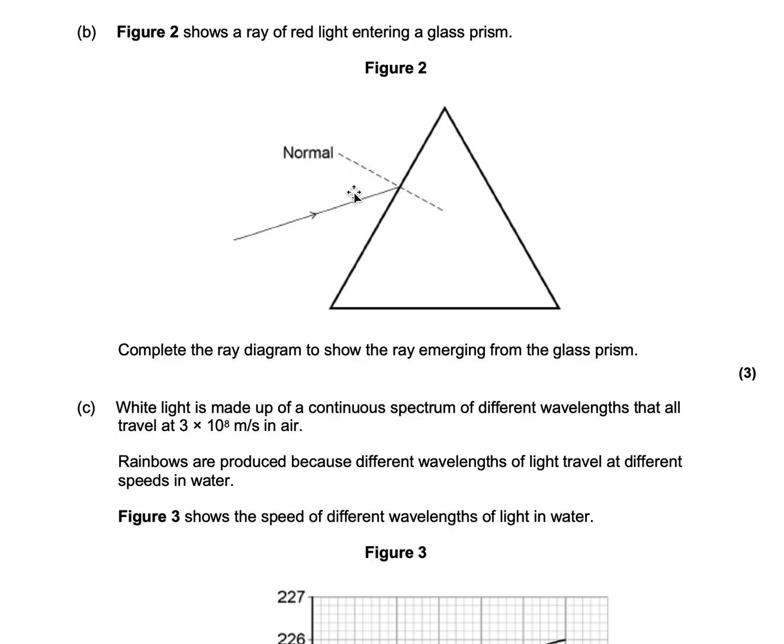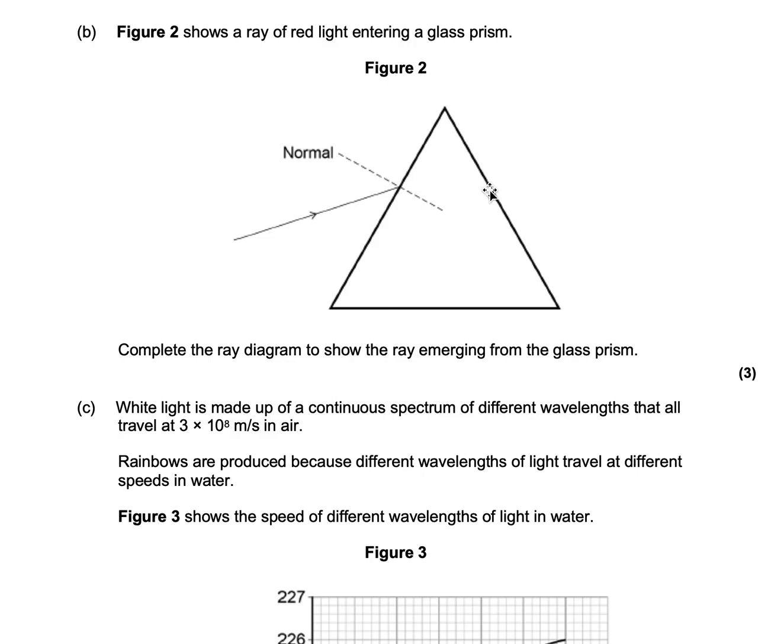Before it enters the prism, you've got quite a big angle between the normal line and the incident ray. That's the one going towards. When it comes through here, it's going to bend so that the ray travelling through the prism has quite a small angle with the normal. So it's going to go sort of almost straight across. Okay, that will be 1 mark.